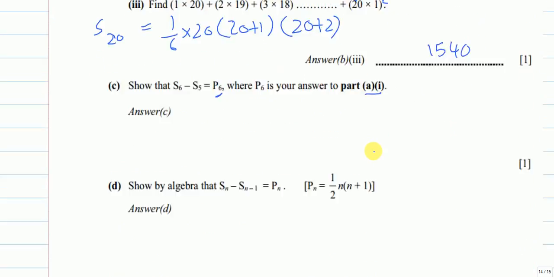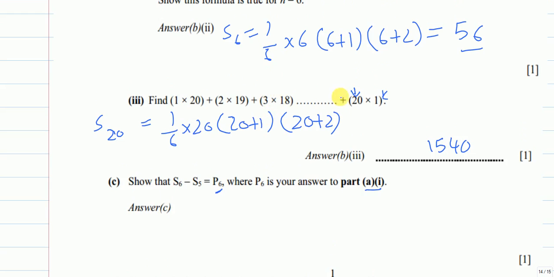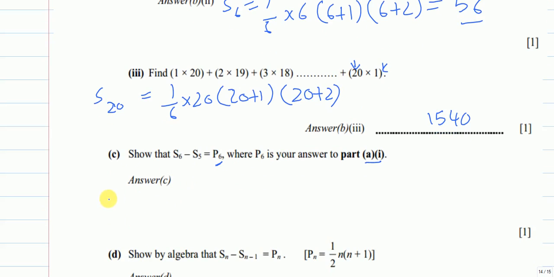I already have my S6, which is 56. So I will say 56 minus S5. Let me just calculate S5. S5 will be 1 over 6 times 5 into 5 plus 1 into 5 plus 2, and it's coming to 35.